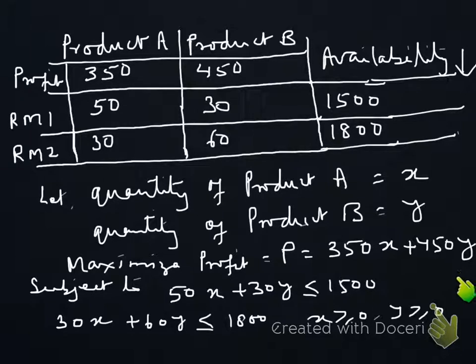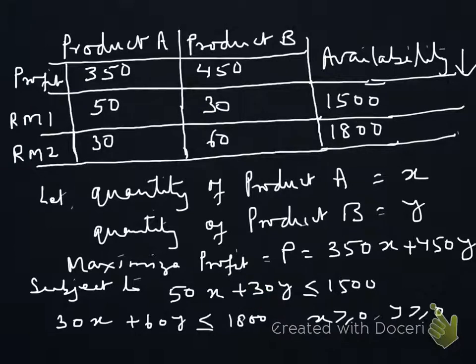We formulate the linear program here. Let the quantity of product A being produced be X and the quantity of product B being produced be Y. So X and Y become the decision variables. Our task is to find the values of X and Y in such a way that maximizes the profit.